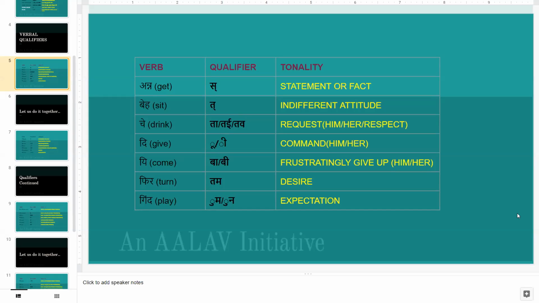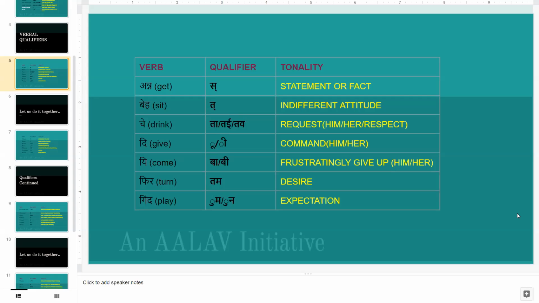The fifth one is frustrating. You're frustrated, you're giving up. You're saying, anba Maggie. So he's forcing you to have Maggie. Okay, you're giving up, frustrated. Okay, give it to me. Anba, anbi. Then the sixth one is antam. That's a desire. It shows that person really wants Maggie.